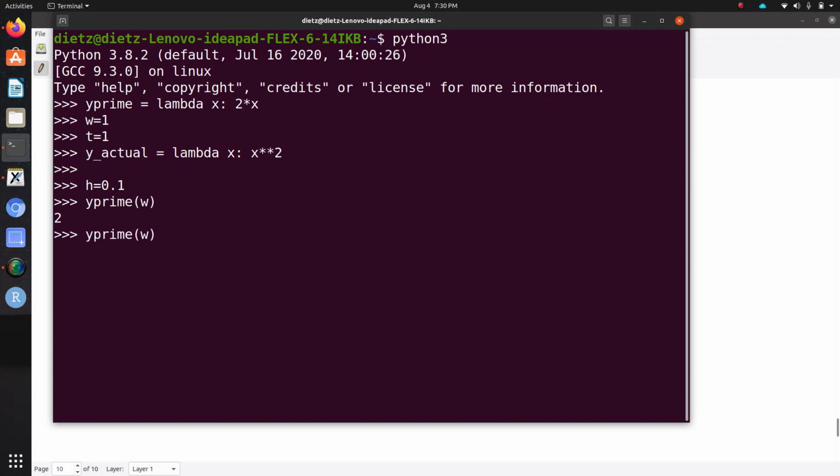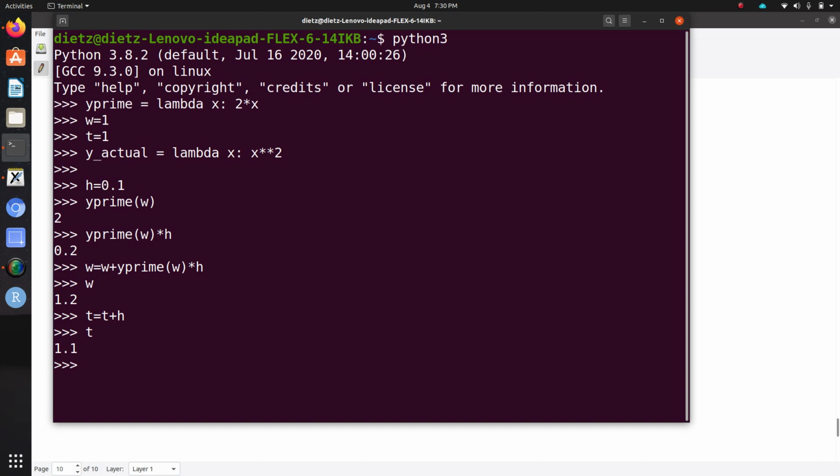So if we want to multiply by H, it tells you how much additional height we want to get. And so W equals W plus Y prime of W times H. And what's our new W? It becomes 1.2. I don't want to forget this, though, that T equals T plus H. So now I have my new T value.